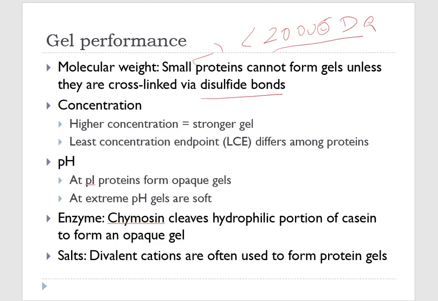So concentration is an important parameter, and pH is always important because it affects the solubility, and solubility affects the gel formation. And depending on the enzyme and salt type, the gel performance can be different. So they are important too.